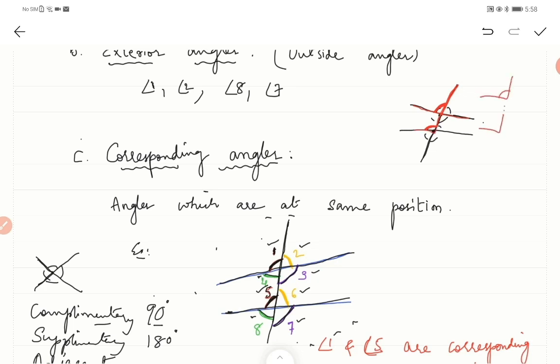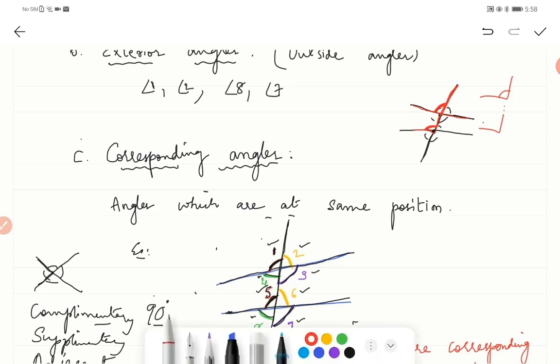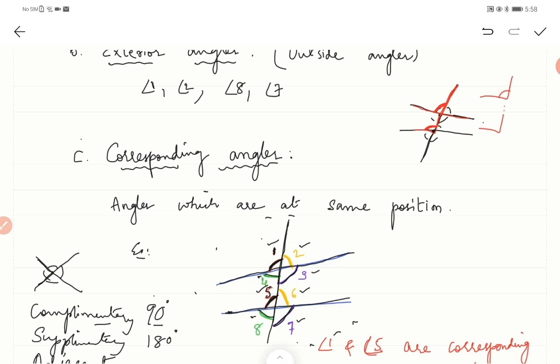Similarly, the angle over here is at the same position with this one, right? They are both in the same position.